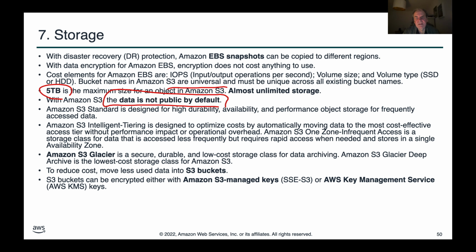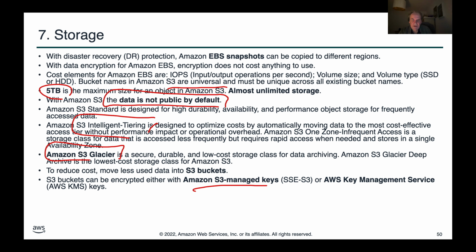S3, high durability, availability, and performance of object storing. We can also have different tiering architectures for S3 to allow for data transfers and so on. And S3 Glacier allows us to back up our data onto more long-term storage, which is cheaper, but the latency is much greater than the normal S3 buckets.